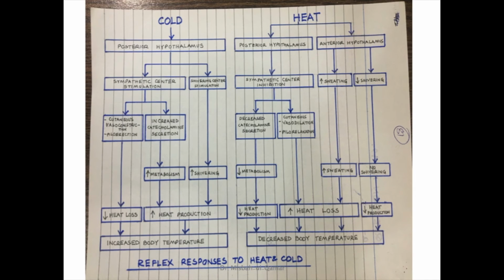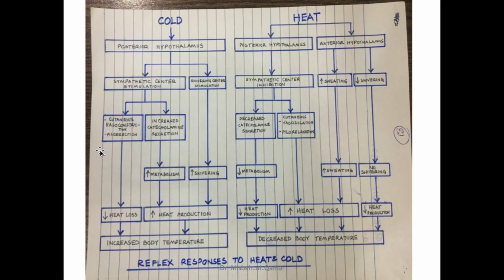You can see that in cold conditions, our posterior hypothalamus is stimulated, and it brings about certain changes such as sympathetic center stimulation and shivering center stimulation, and ultimately through different effectors, certain mechanisms are started which result in less heat loss and more heat production, which will finally increase the body temperature in cold conditions.